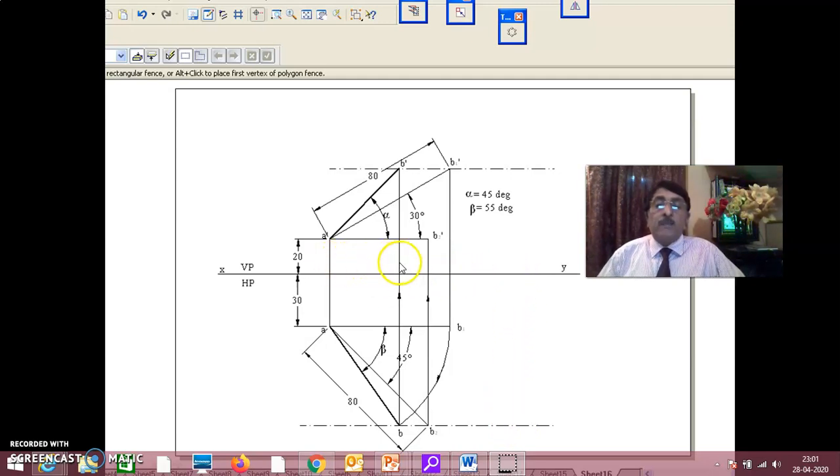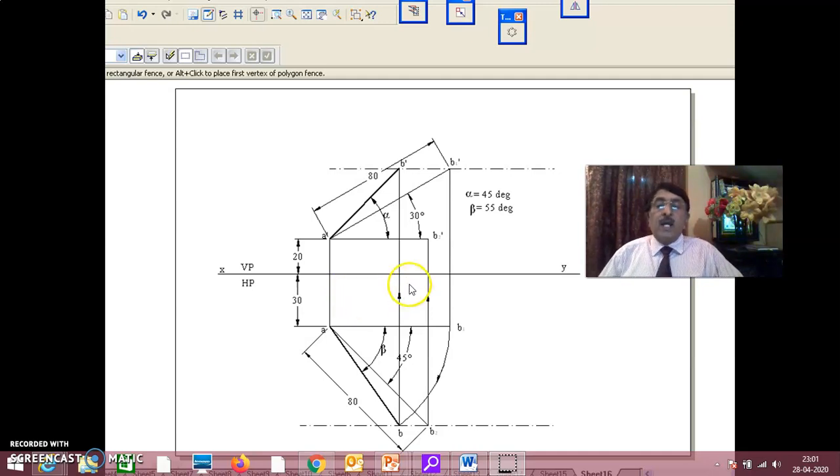And this is called, please remember, the A dash to A, that is projector from A dash to A, this is a projector connecting front view and top view of A. This B dash and B, this is the projector which is connecting front view and top view of point B. This distance is called DBP, distance between end projectors. If the distance between end projectors is changed, the projections will change.